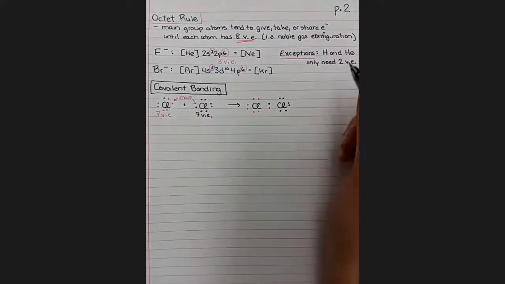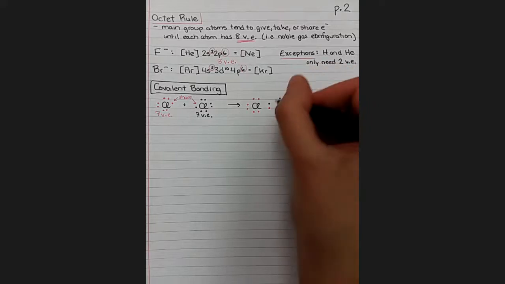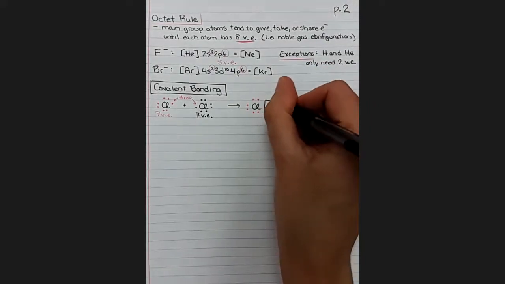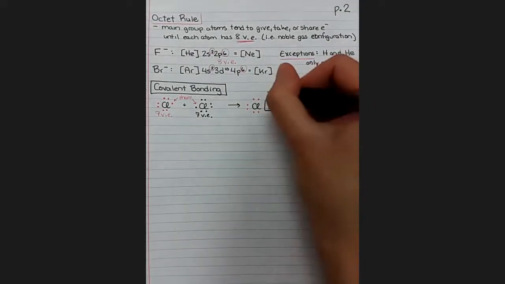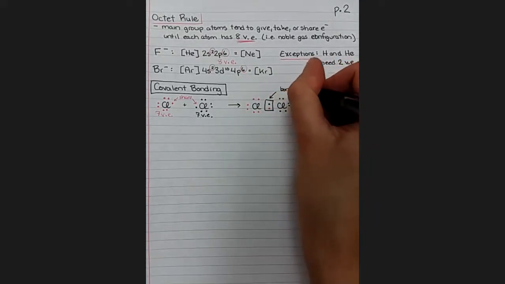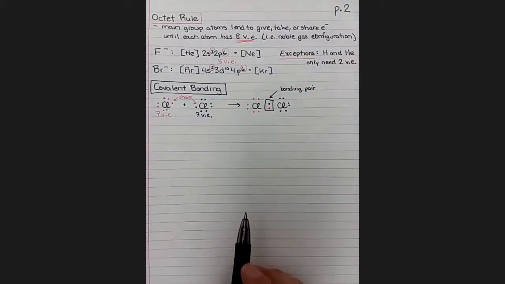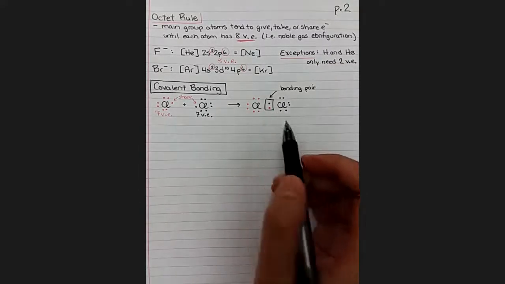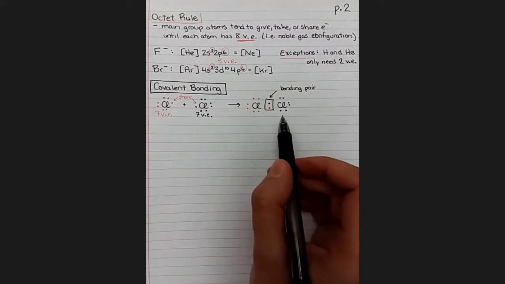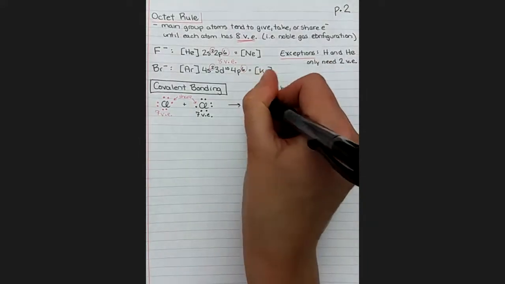And so we have special names for the electrons that are shared versus the electrons that are not. These shared electrons that we draw in between the 2 atoms are called a bonding pair of electrons, because this is what forms the bond that holds these 2 atoms together. And then some of these other electrons only belong to one atom or the other, like this one.